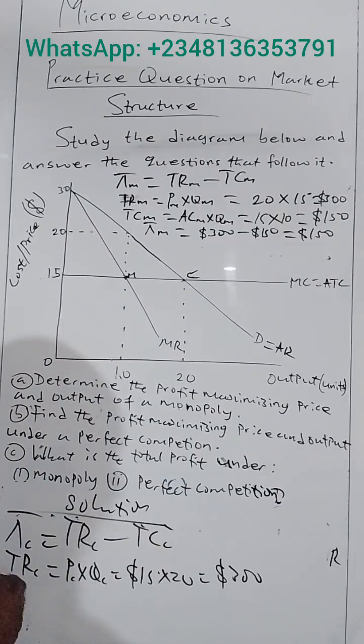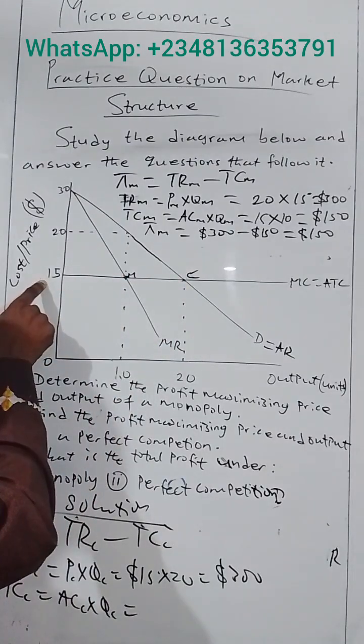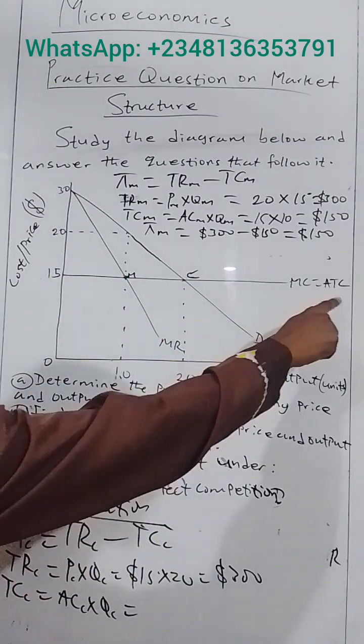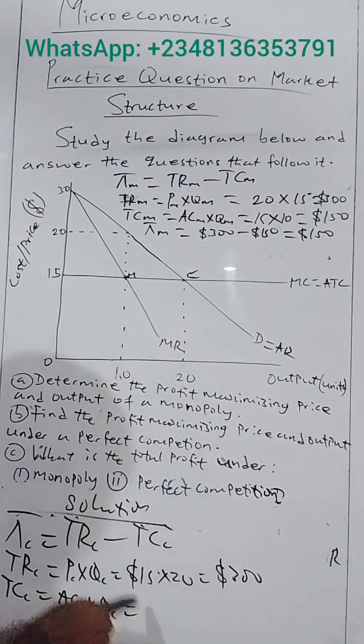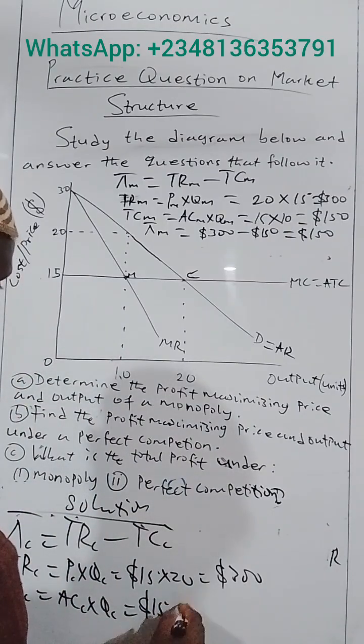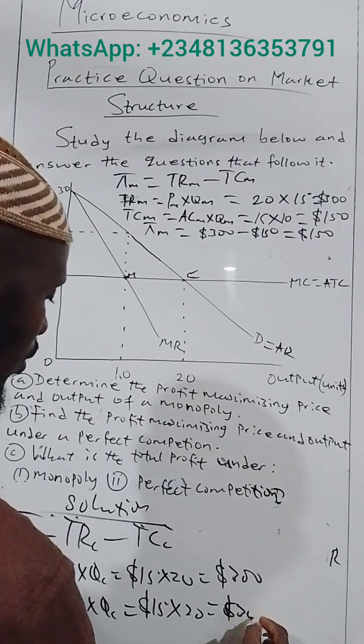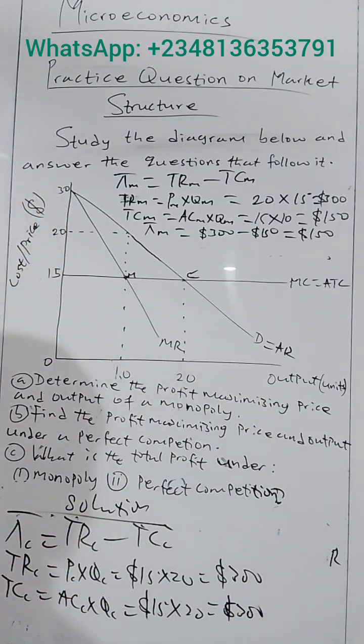Okay, now what of the total cost of perfect competition? It will be AC of perfect competition multiplied by the output of perfect competition. You will see that at this point, you have the corresponding cost because this is the line that represents the ATC curve, which is also known as the AC curve. So we have 15 multiplied by 20, which is also 300 US dollars.